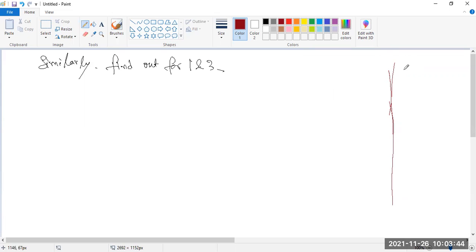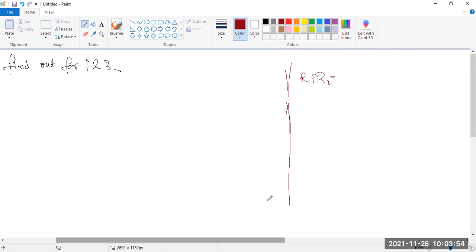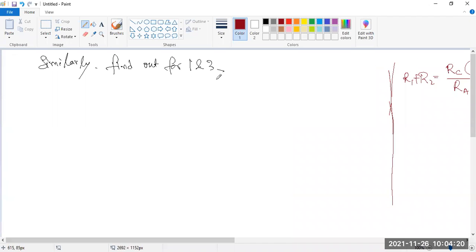We found that R1 plus R2 is equal to the opposite resistance, that is RC into RA plus RB, divided by the summation of all, that is RA plus RB plus RC. That is given equation number A. And now we have to find it out for 1 and 3 also.